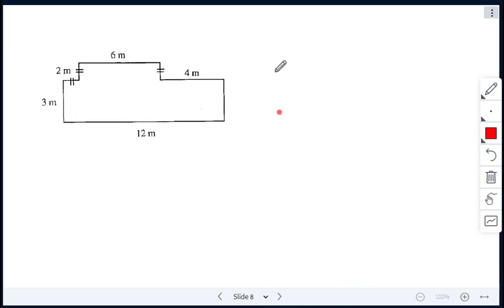Okay, I'll give you a moment to try this one here. We're looking for the perimeter of this shape.